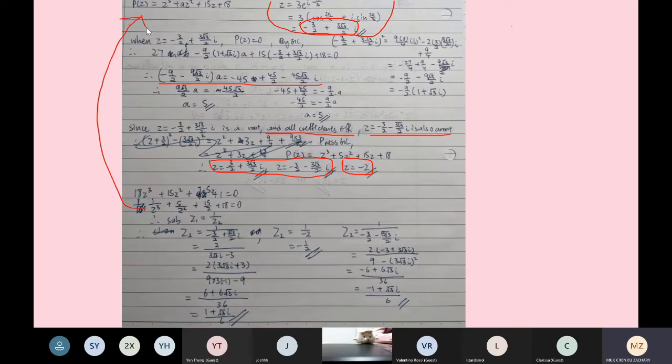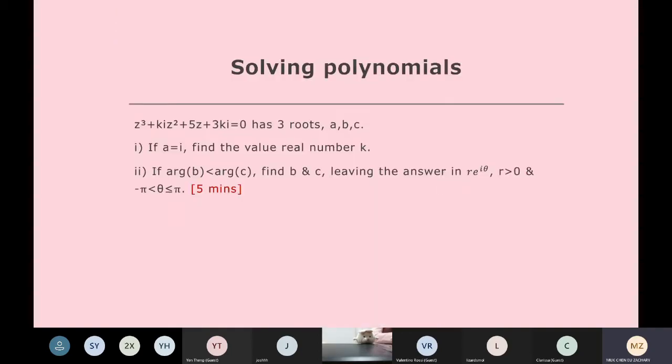I've written it down as z1, which is what the original z is, and 1 over z2. You just sub in all your z values, and then you reduce it down all the way to these answers. I don't think I need to explain much for this. We'll move on to the next one.